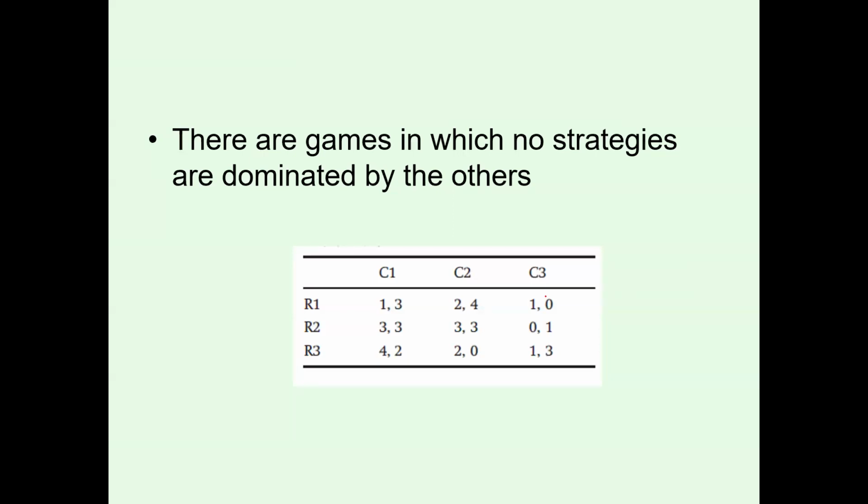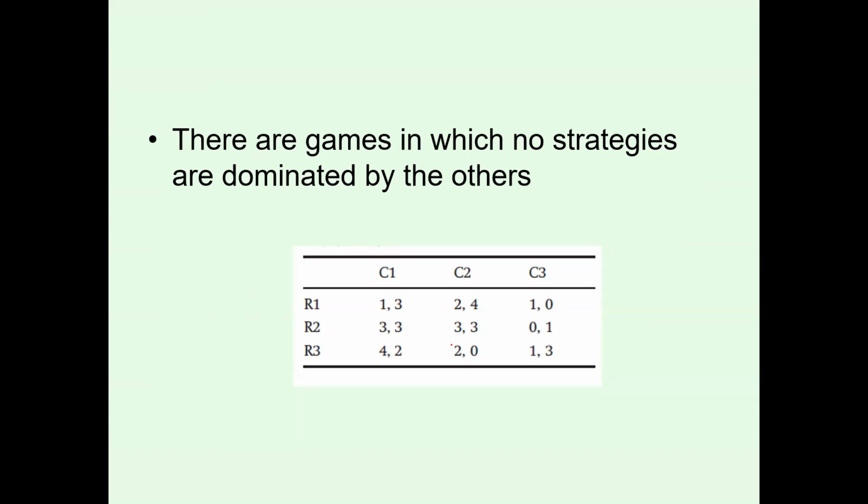So therefore, what can we do here? R1 is weakly dominated by R3, so what happens?